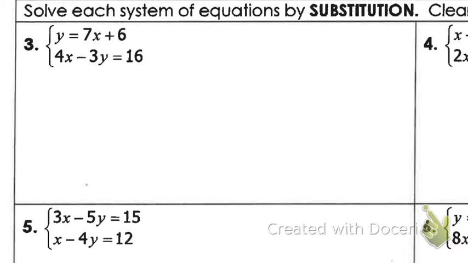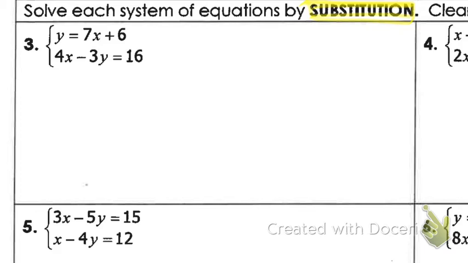Number 3 asks you to solve by substitution. Which one should you use for substitution? What's going to be the least amount of work for you?